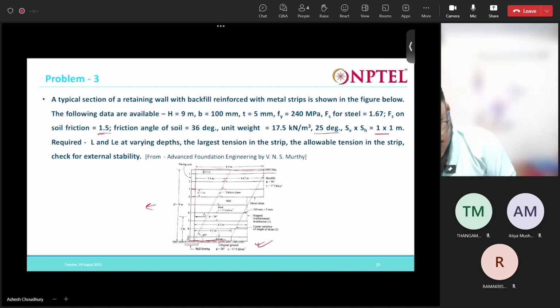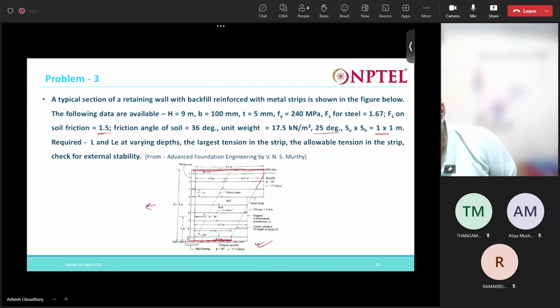They are taking this 4.5 plus 8.5, divided by 2, this average, times the unit weight 17.5, into 9, the height, times 10 delta. It will give us the total weight of the soil mass.